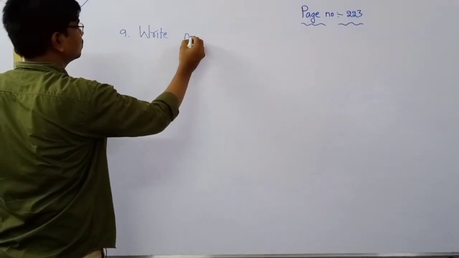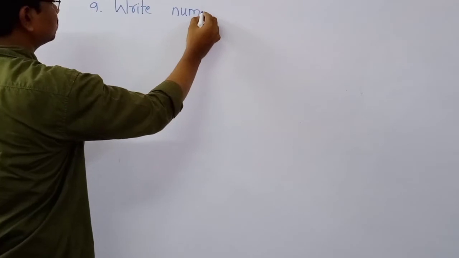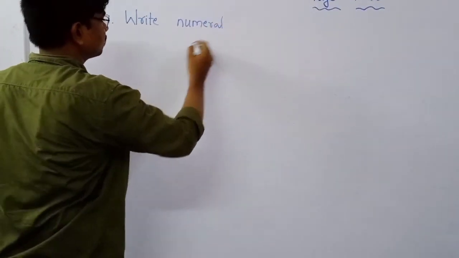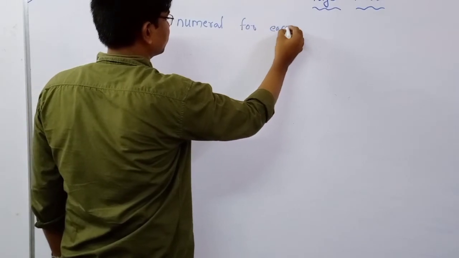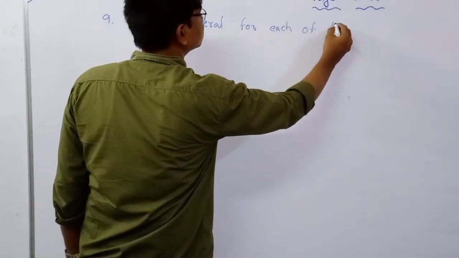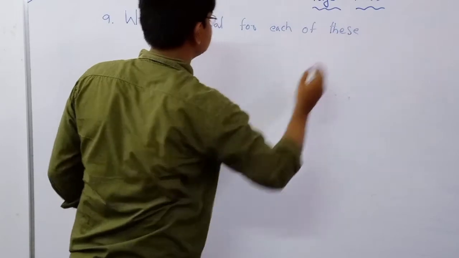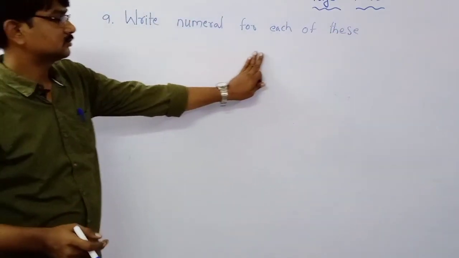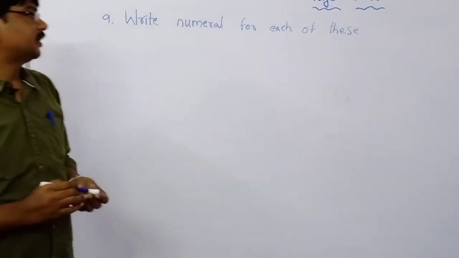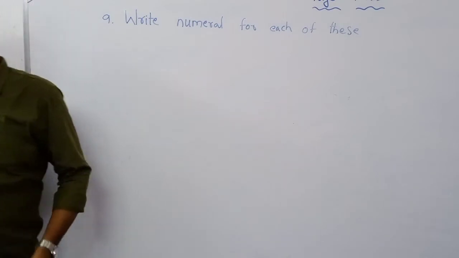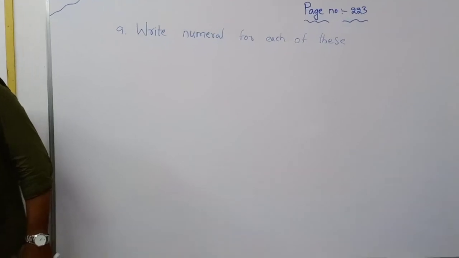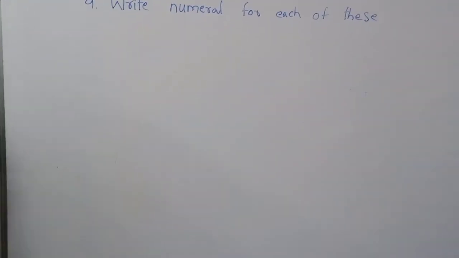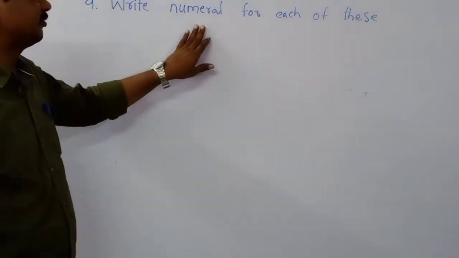Write numeral for each of these. It means whatever is given, we need to write the numeral for them.